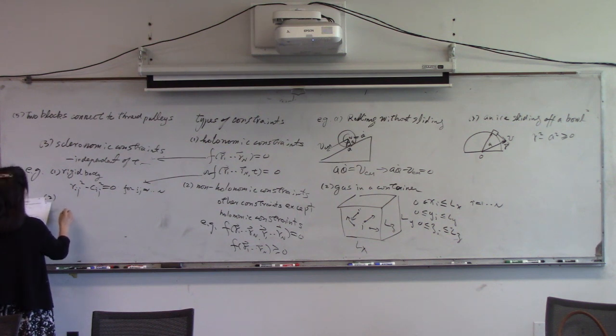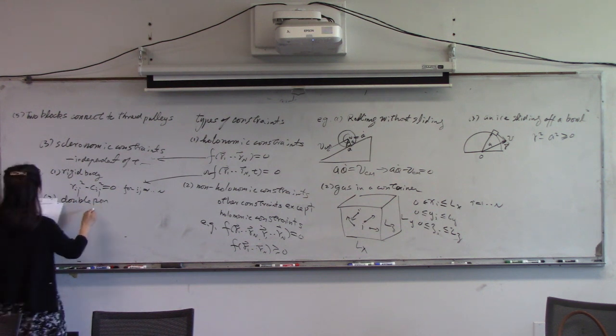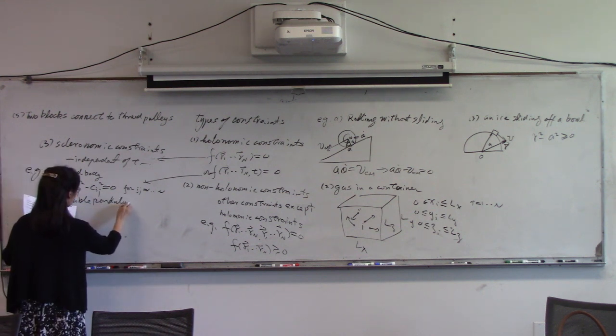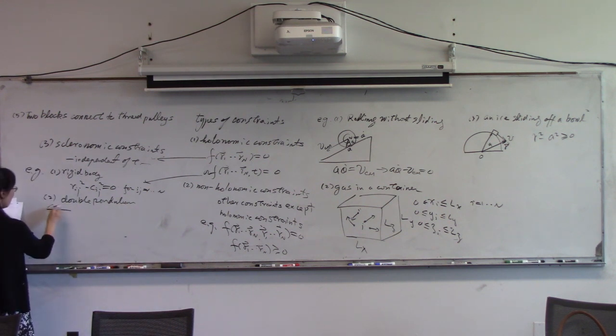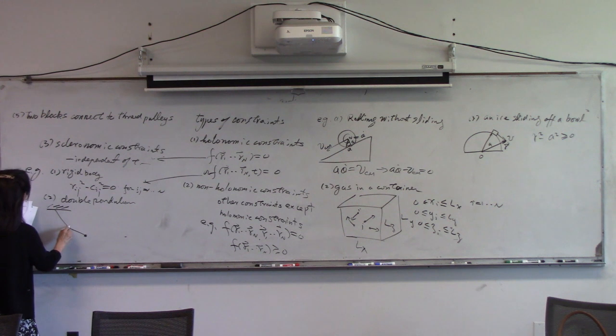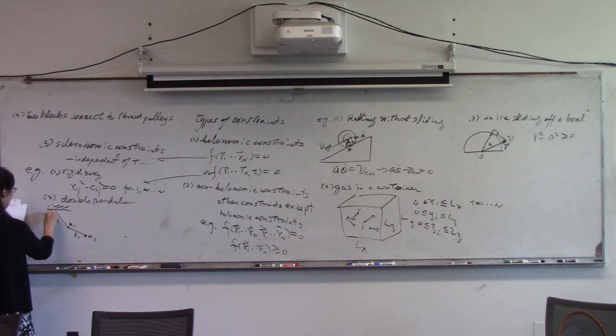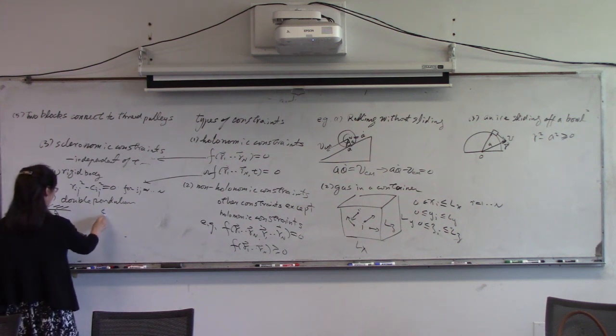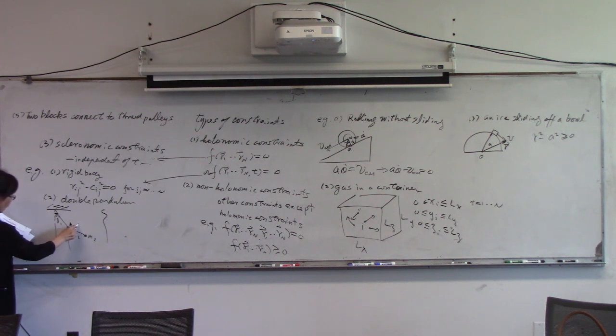Second one, we have a double pendulum. Here we have a first pendulum, and then M1, M2, L1, L2, theta 1, theta 2. Here you can see this is x1, y1, and this is x2, y2.